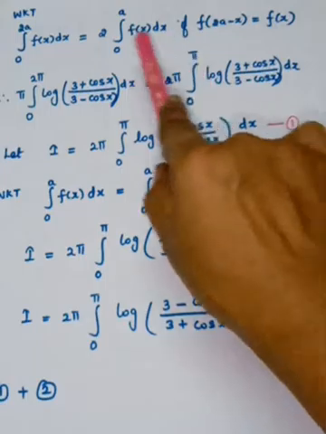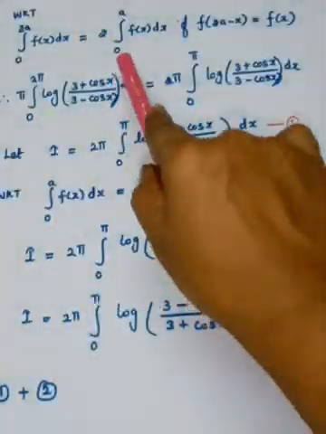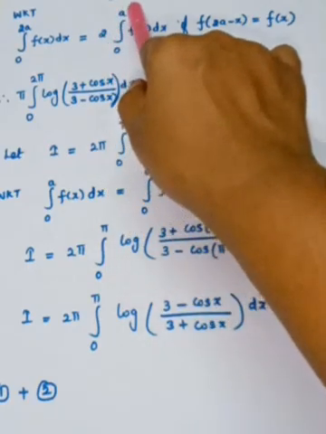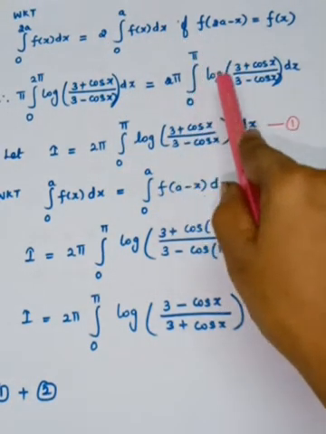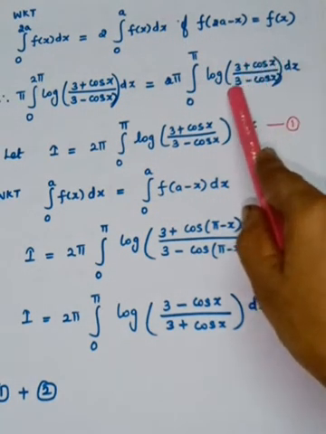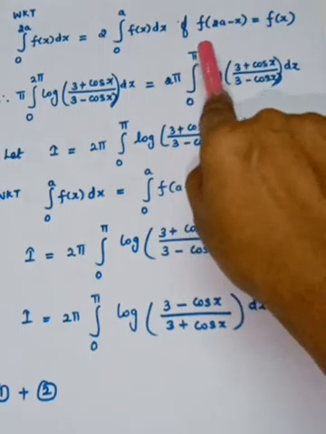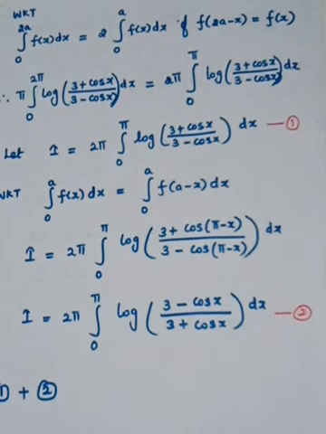Why is it pi? Here see the property: 0 to 2a means 2 into 0 to a. So it becomes 0 to pi log of (3 plus cos x) divided by (3 minus cos x) into dx. Here the 2 pi integral is now reduced to pi.